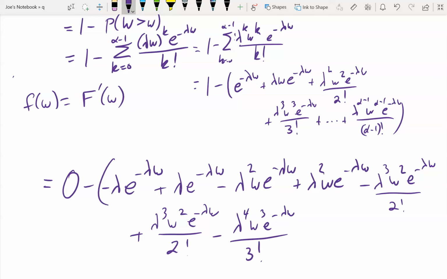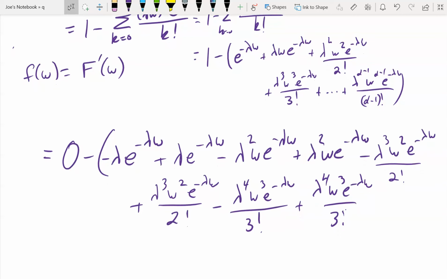When you differentiate that, the 4 that comes down in front will cancel with the 4 that's in the factorial, so you'll end up with lambda to the 4th w cubed e to the minus lambda w over 3 factorial. And those will cancel, right? We agree? Okay? And then the next one will be continuing what it is.